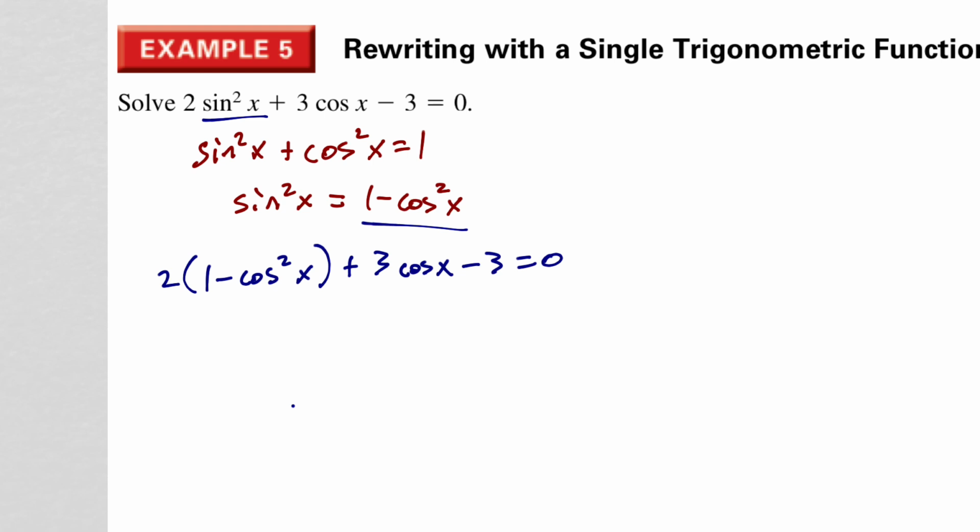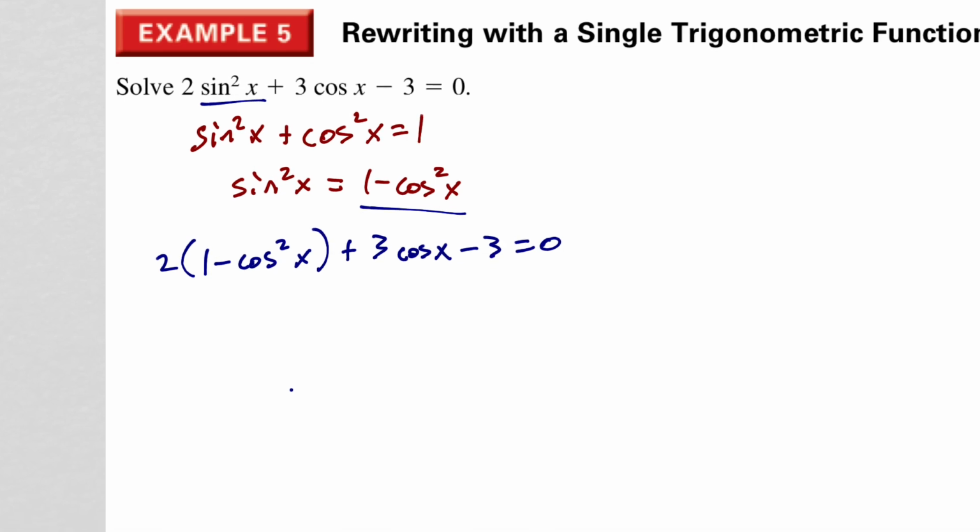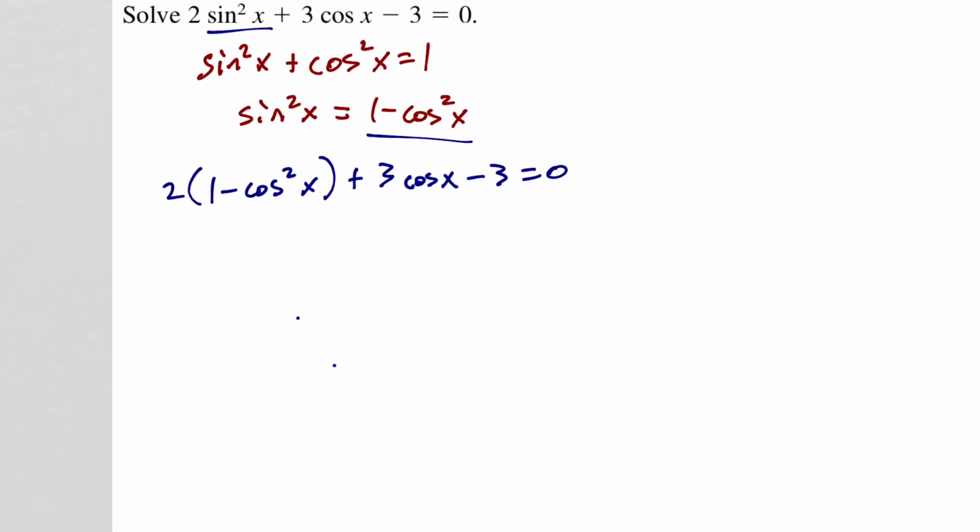Now we have a quadratic that's in terms of a single trig function. We can solve it basically the same way we did our last example. So first thing I'm going to do is distribute the 2. I have that 2 and that negative 3, so those are going to combine to make negative 1.